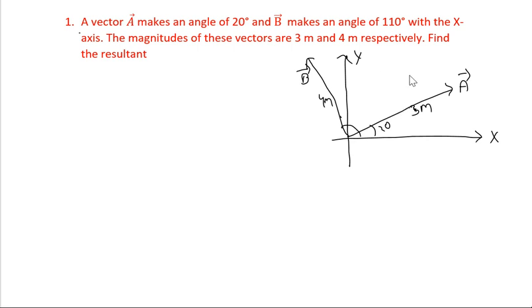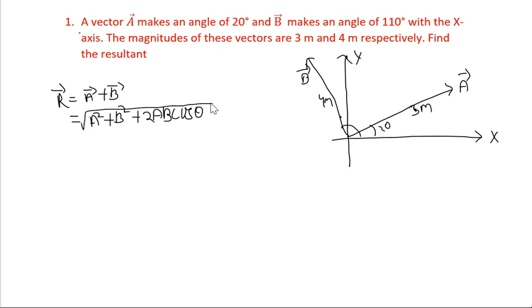The question asks us to find the resultant. To find it, we have one formula: resultant vector R is A vector plus B vector. To find its magnitude, we have the formula root over A square plus B square plus 2AB cos theta.